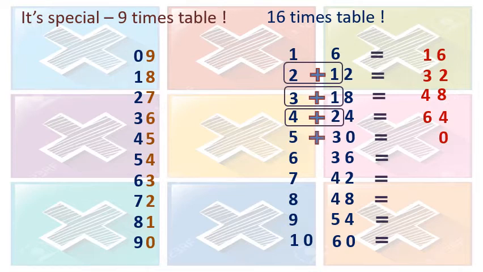Again here we will put 0 and 5 plus 3 it is 8. So we will write 8 here. 16 fives are 80. Now we will write 6 and we will add 6 plus 3. So 6 plus 3 is 9. Here 16 sixes are 96.